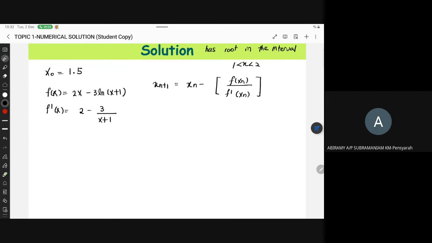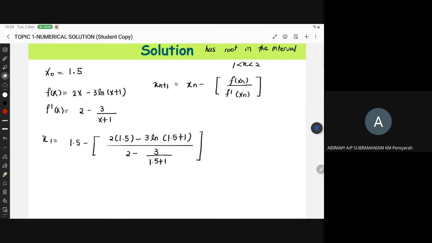So in our case, x1 equals 1.5 minus 2 times 1.5 minus 3 ln 1.5 plus 1, divided by 2 minus 3 over 1.5 plus 1. So you should be able to get the first value for x1.